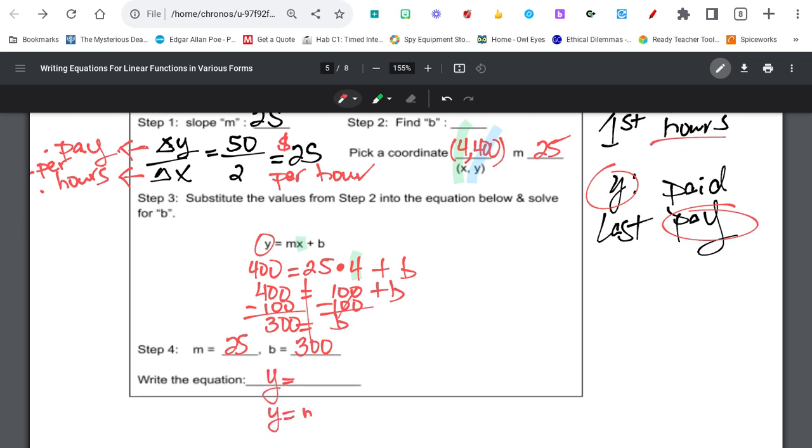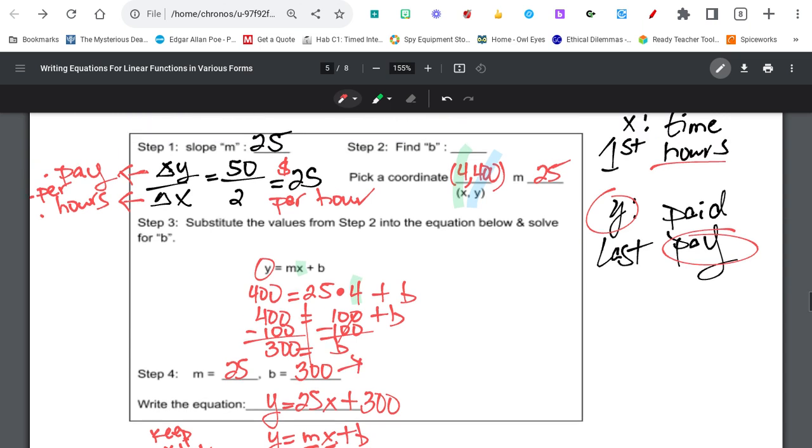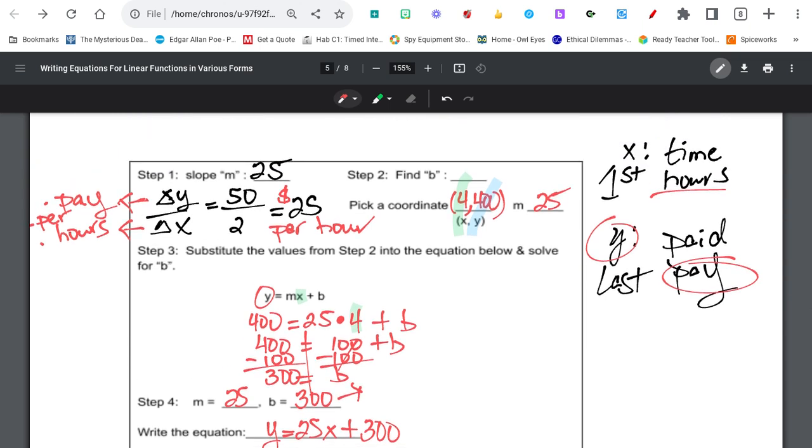All right. But my equation would be, I'm going to write it in Y equals MX plus B form, and I got to keep X and Y. So it's Y equals M, or what is M? M was 25. Attach it to X plus B, or what is B? B is 300. B always represents what it is when your X is 0.